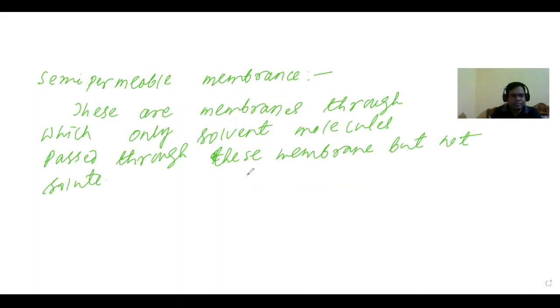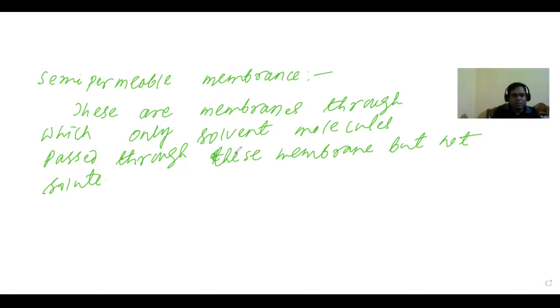The semi-permeable membrane. These are the membranes through which only solvent molecules pass, but not solute.